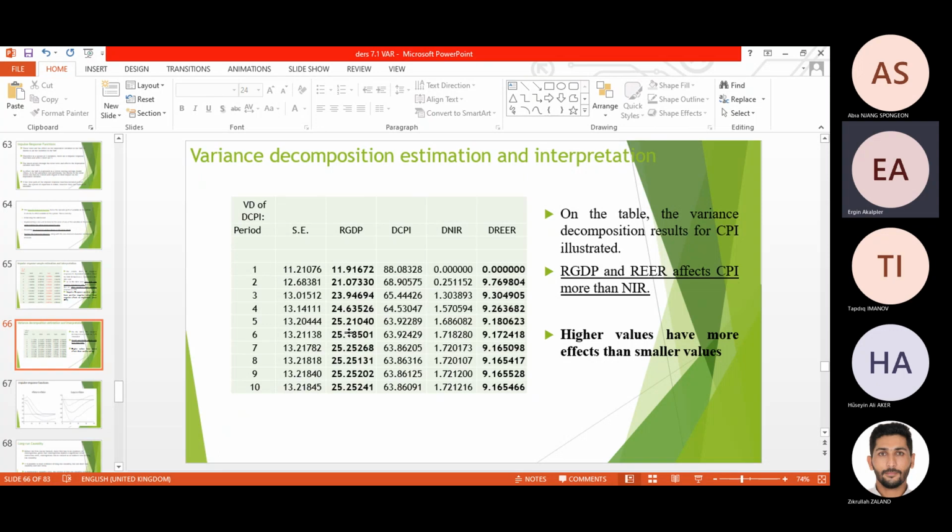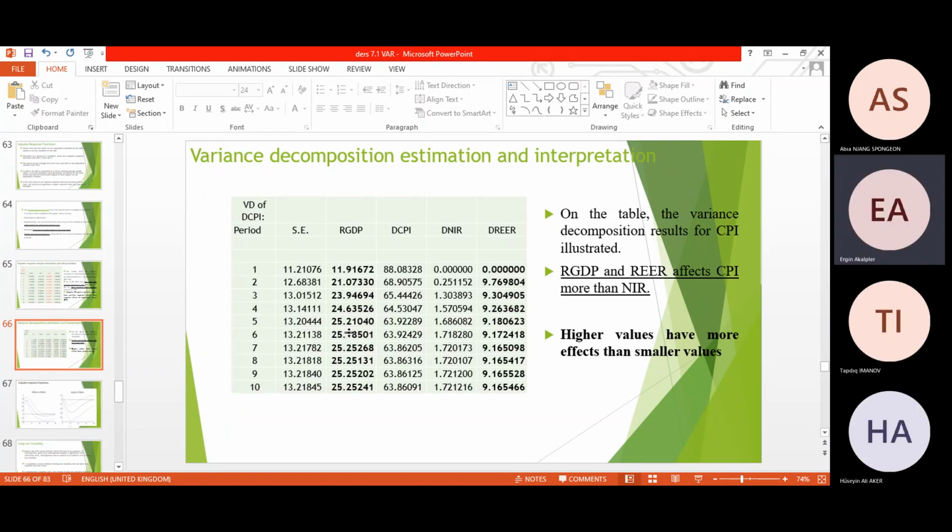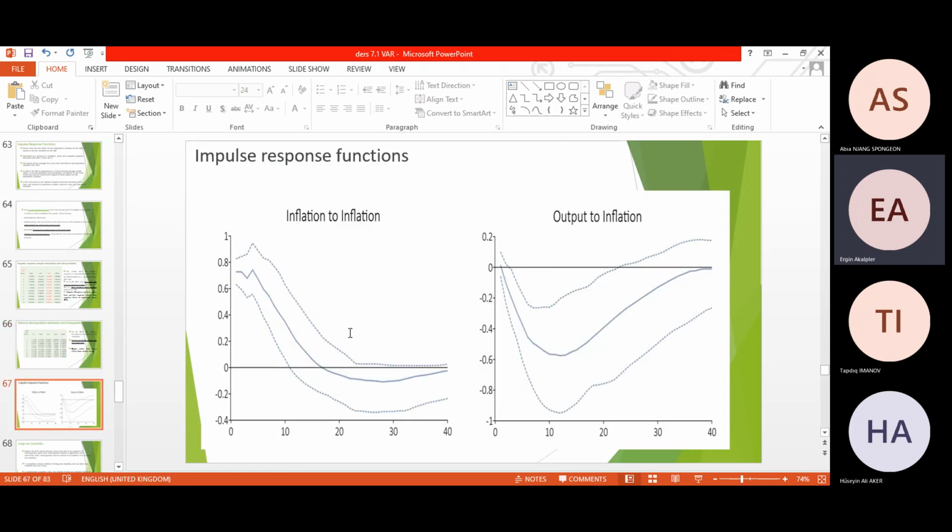Therefore, we are considering only the real GDP value as more highly affected compared to the others, and the real effective exchange rate is also higher compared to the nominal interest rate and affects the consumer price index. The inflation to inflation is also represented here.